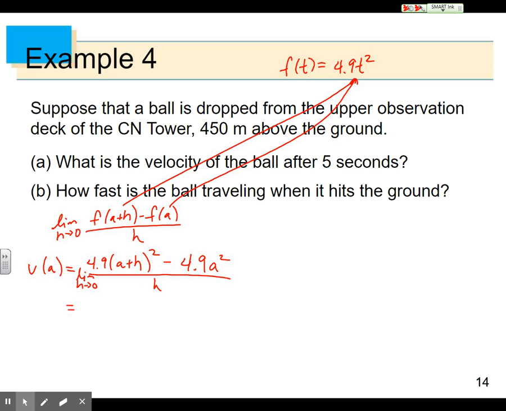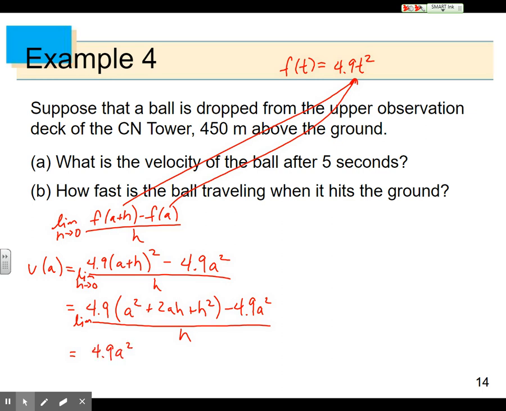So the first thing that I want to do is expand this binomial: a squared plus 2ah plus h squared, and I've got the minus 4.9 a squared on the end. Still got the limit there. If I distribute this 4.9, I get 4.9 a squared plus 9.8 ah plus 4.9 h squared minus 4.9 a squared, all over h.